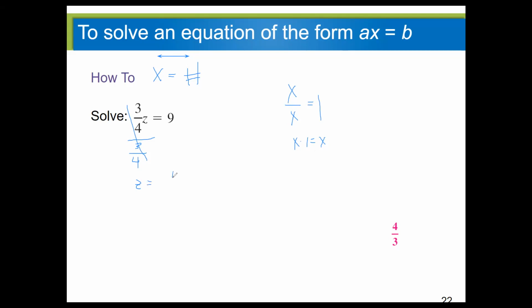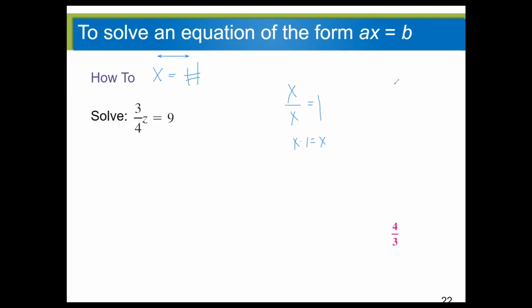But the fun part is 9 divided by 3 over 4, that's really ugly looking, right? So the fun part about multiplication and fractions is, sure, dividing by the fraction is in and of itself a way to get rid of it. But another way, the opposite of a fraction is its reciprocal.